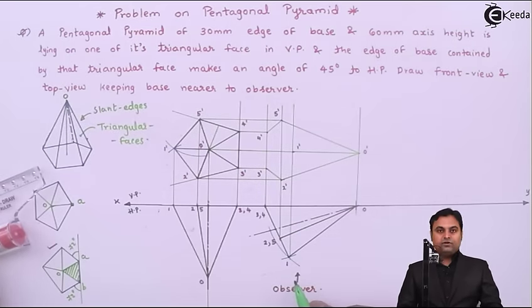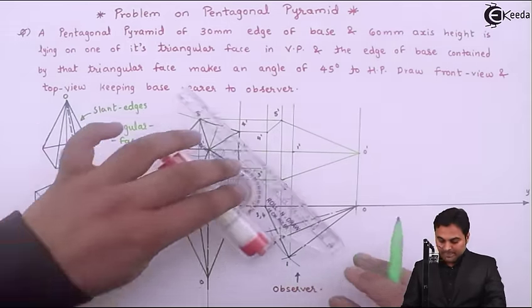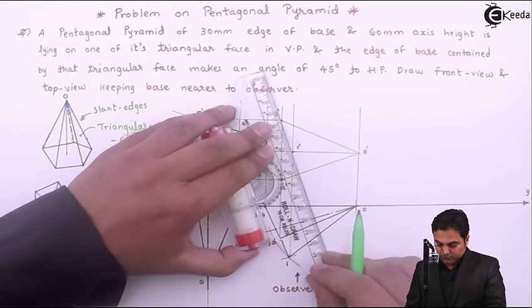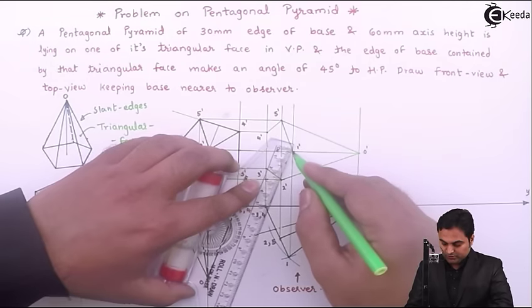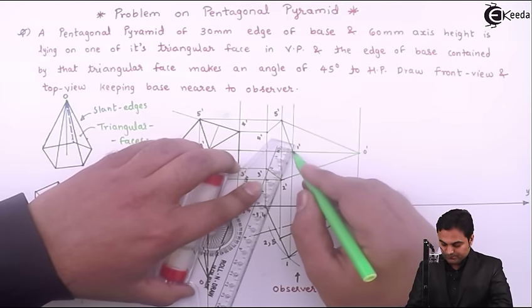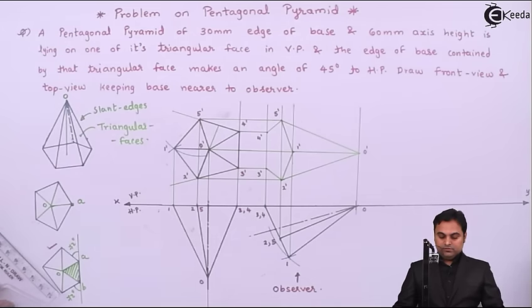Now as an observer, point 1 is closest to the observer, so that will be visible, and connecting that are two edges, 1 dash to 5 dash visible, 1 dash to 2 dash also visible. After drawing it light, now I'll make this pyramid dark.